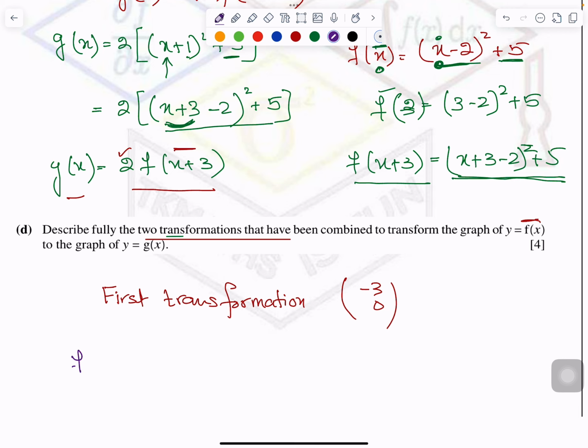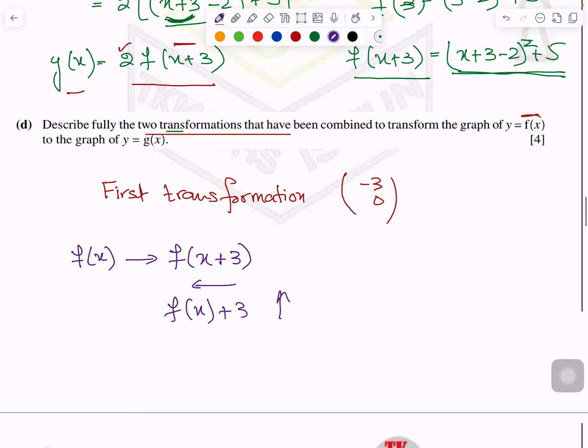We know if we have function f of x and we write it as f of x plus 3, it means it is moving left 3 units. But if I write f of x plus 3 outside, it means it is moving 3 units up. And if I write minus f of x, then it means I am reflecting it in the x-axis.